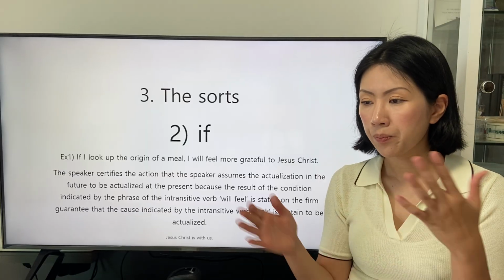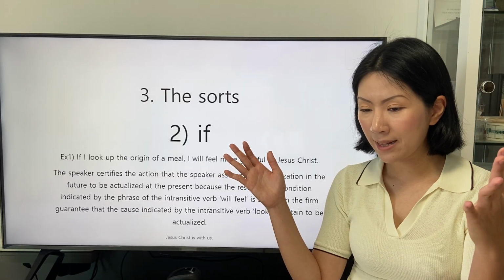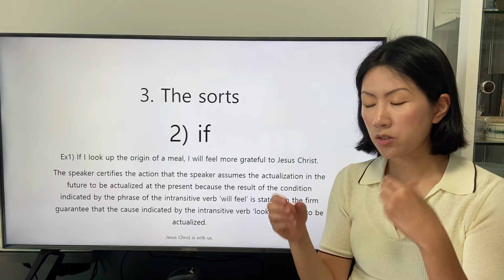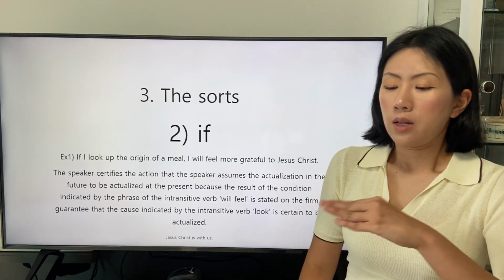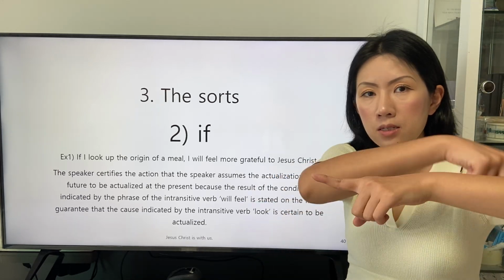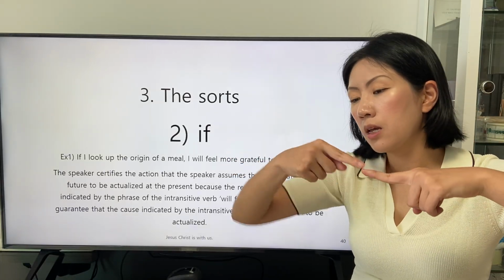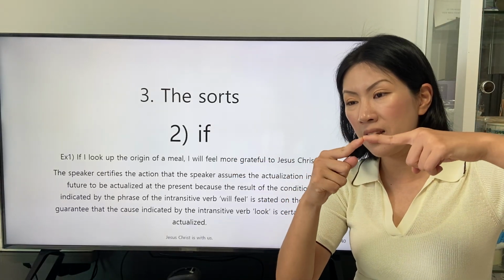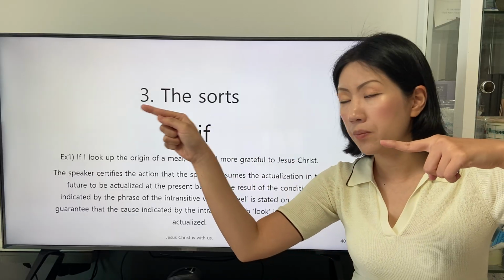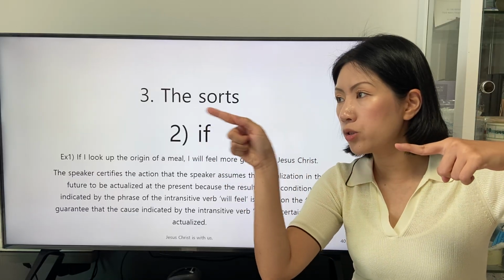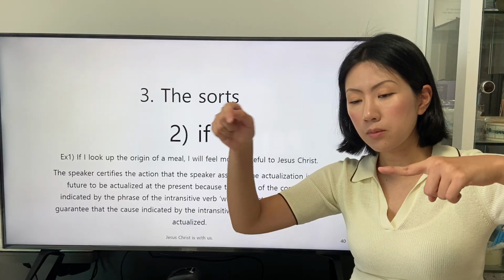The speaker alleviates the uncertainty. Like, this is the flow of time, and we are standing at the present, and there is an invisible elongated line that goes toward the future.